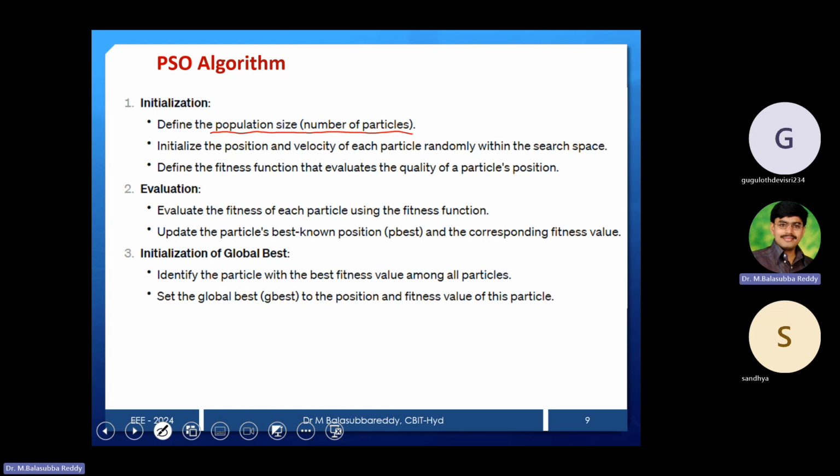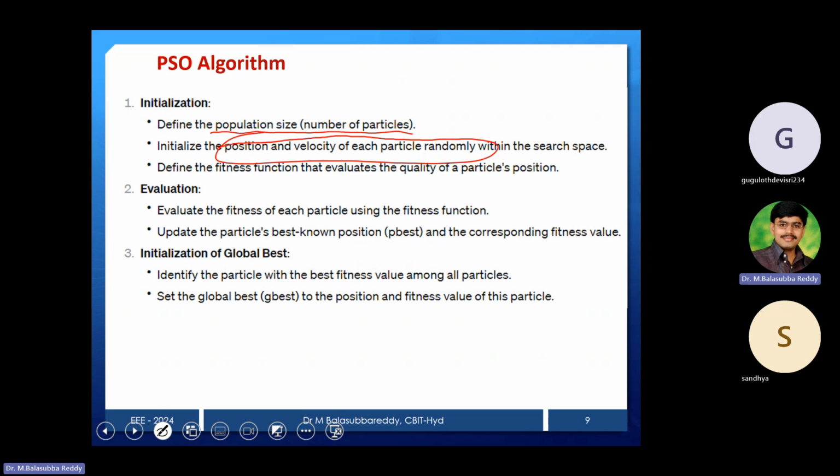That is one thing. Define the population size, then initialize the position and velocity of each particle randomly. So we have to start somewhere. That is the initial position. Suppose I want to search from here, many people are there, and wherever they stand is their own initial position, and a random velocity when they want to move.